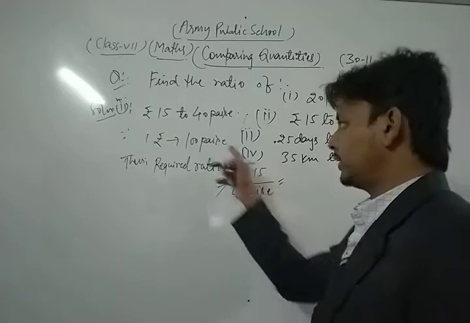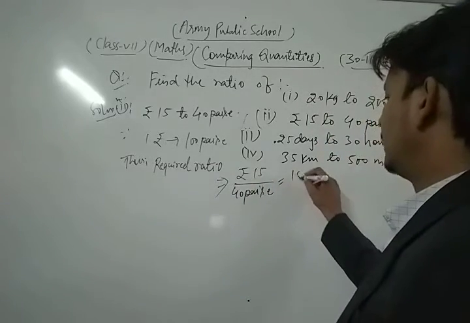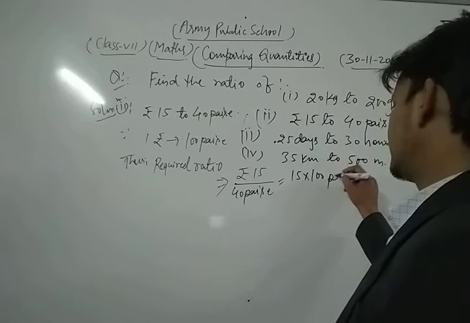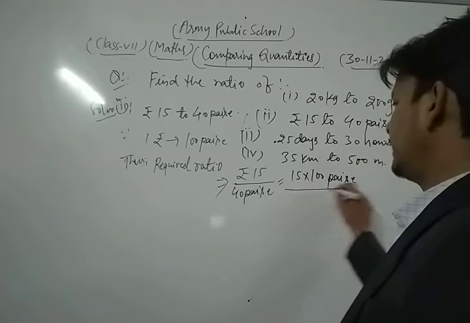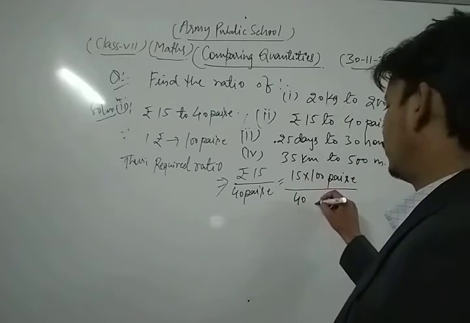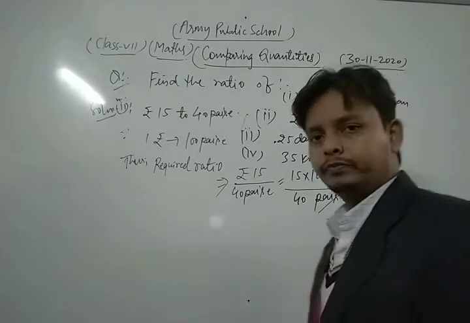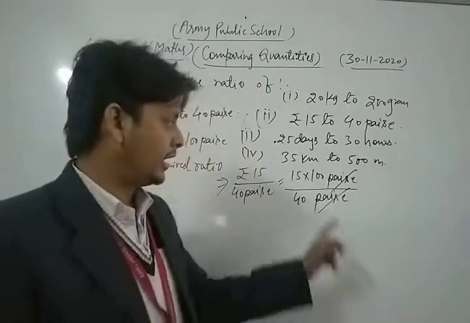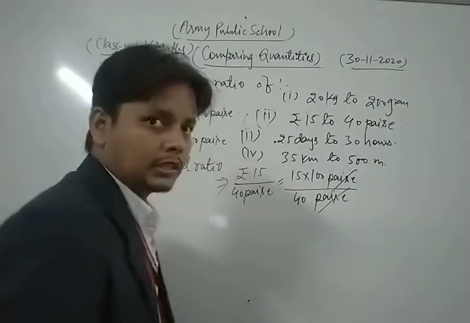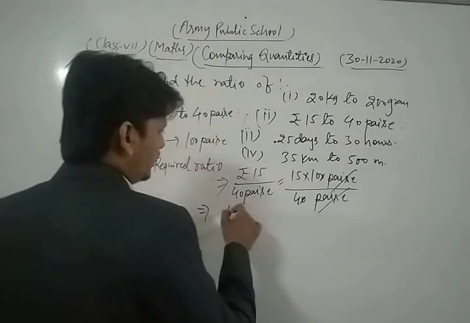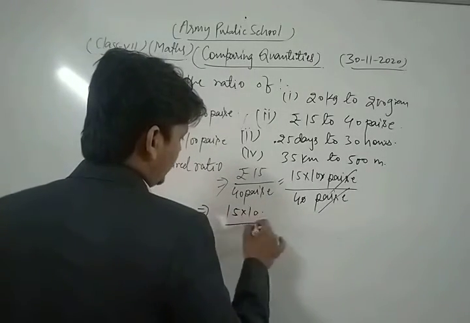Now we convert rupees into paise. So we get 15 into 100 paise, and in the denominator there are 40 paise. Now paise cancels with paise. Here 0 also cancels. So we get 15 into 10 upon 4.